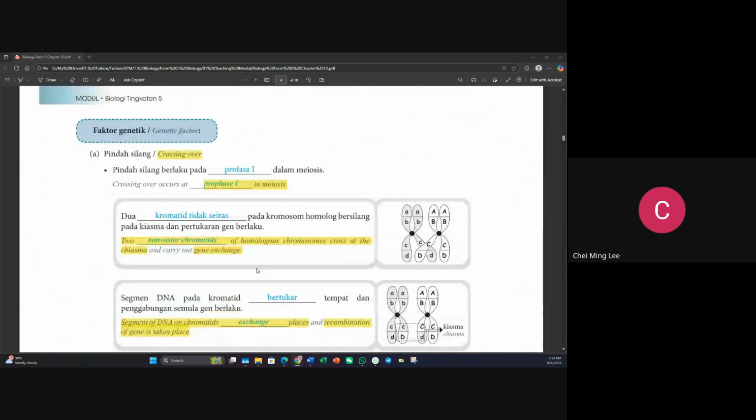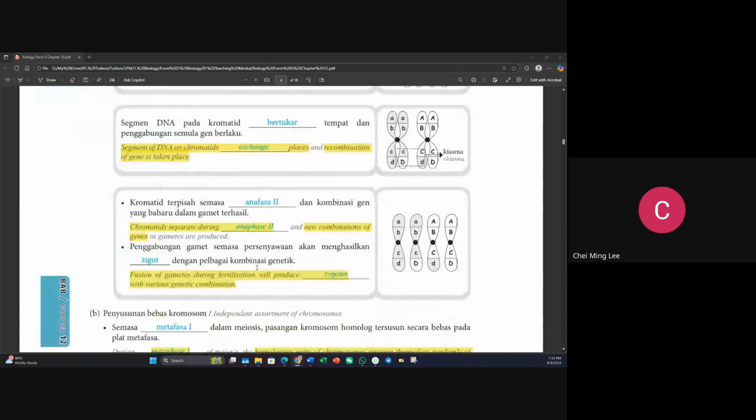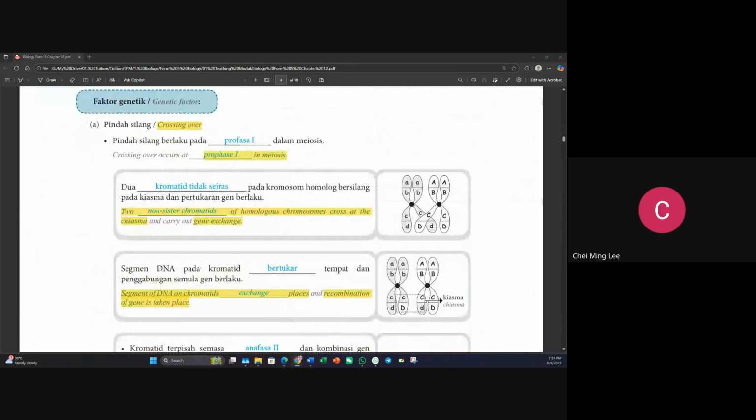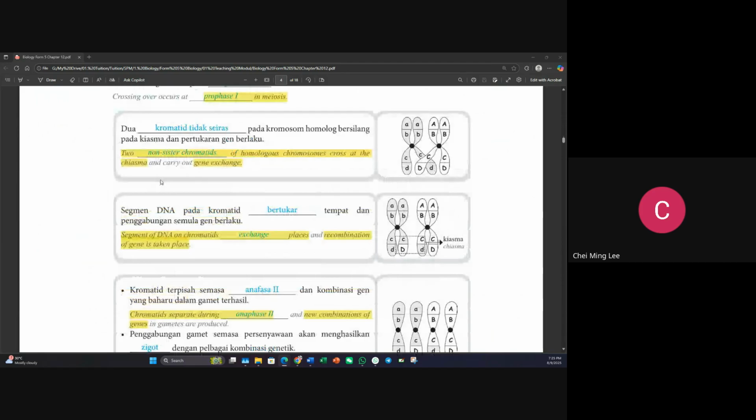So for example, the crossing over. The crossing over occurs at prophase 1 in meiosis, where two non-sister chromatids of homologous chromosomes cross at the chiasma and can undergo gene exchange.